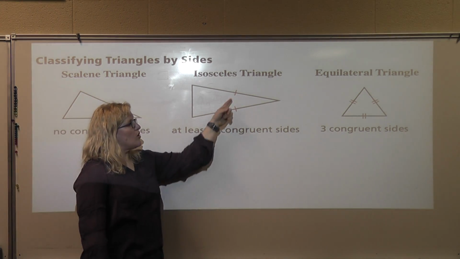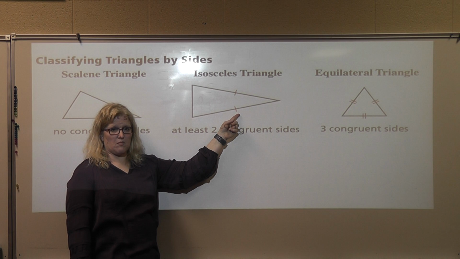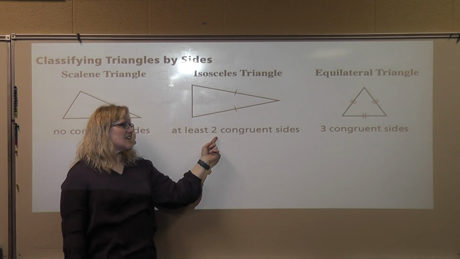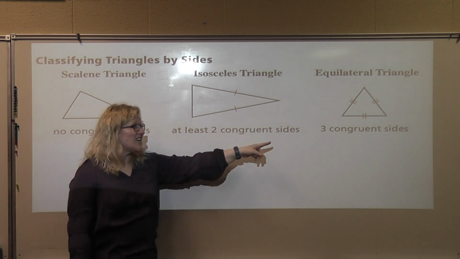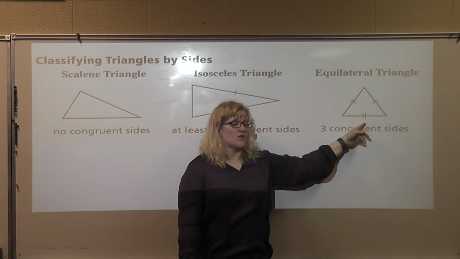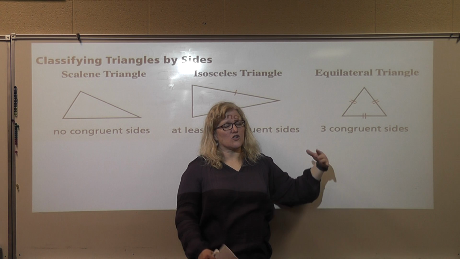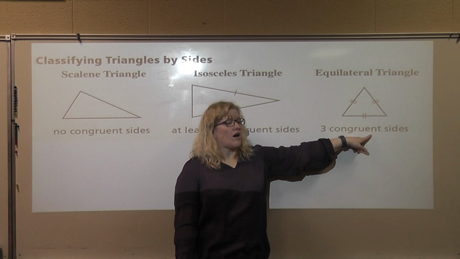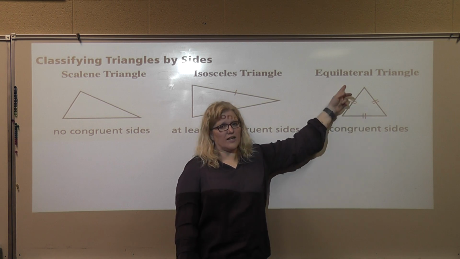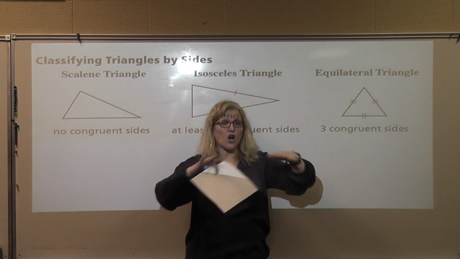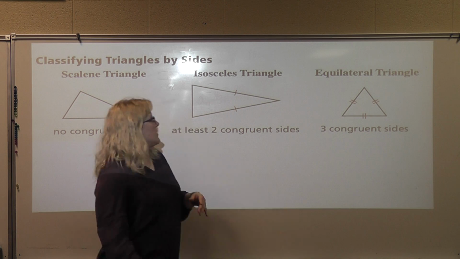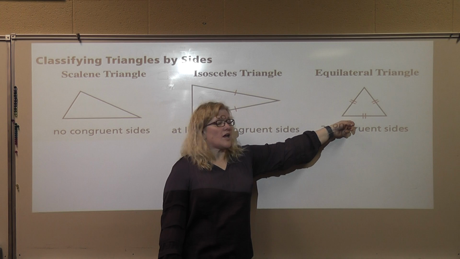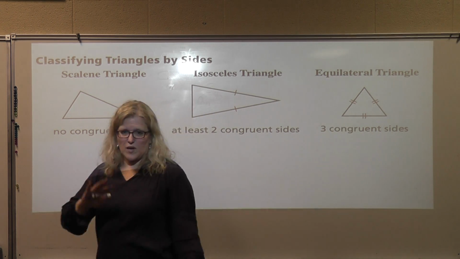If you have a triangle where 2 of the sides are the same length, then it is an isosceles triangle. And it says at least 2 congruent sides because actually this has 3 congruent sides, but it is also an isosceles triangle. But if all 3 of them are the same, rather than call it isosceles, we typically will call it equilateral because they're all equal. So isosceles, 2 congruent sides, equilateral, 3 congruent sides, and scalene is when none of them are the same.